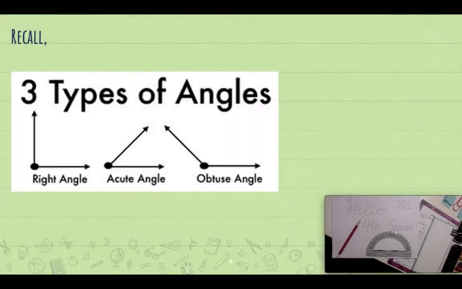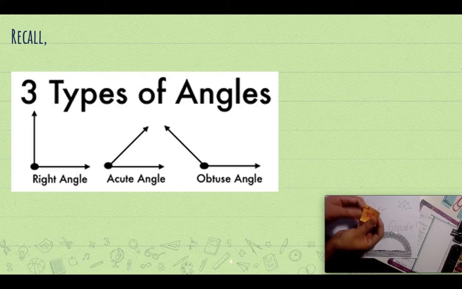So recall that there are three types of angles. We have a right angle, we have an acute angle, and an obtuse angle. Now, do you remember with the right angle when we met for live class last week? I had you fold up a tiny piece of paper like this, and we knew that each corner here made a right angle, right?